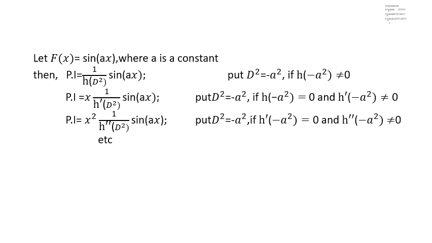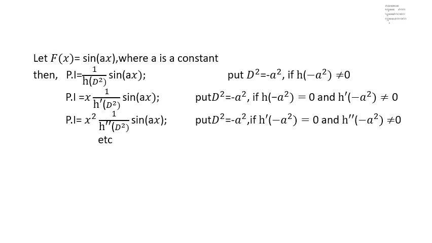Suppose the denominator is equal to 0 when d square is equal to minus a square. Write another equivalent formula: particular integral equal to x into 1 by h dash of d square, numerator sin ax or cos ax.